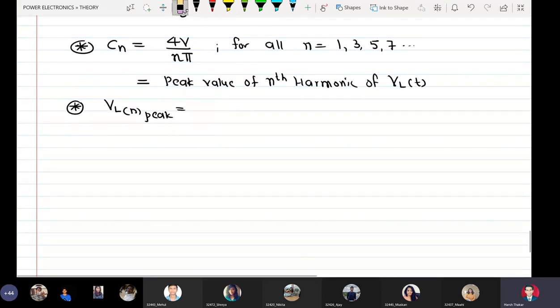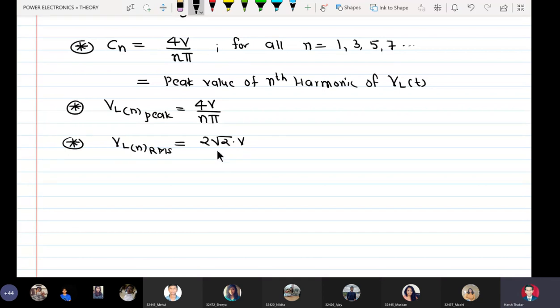Don't get confused, okay? So Cn is nothing but the peak value of nth harmonic of VL of t. So I can write, instead of Cn, VLn peak. That means the peak value of nth harmonic is equal to 4V upon n pi. That means I can write down VL nth harmonic RMS will be equal to 2 root 2 V upon n pi.